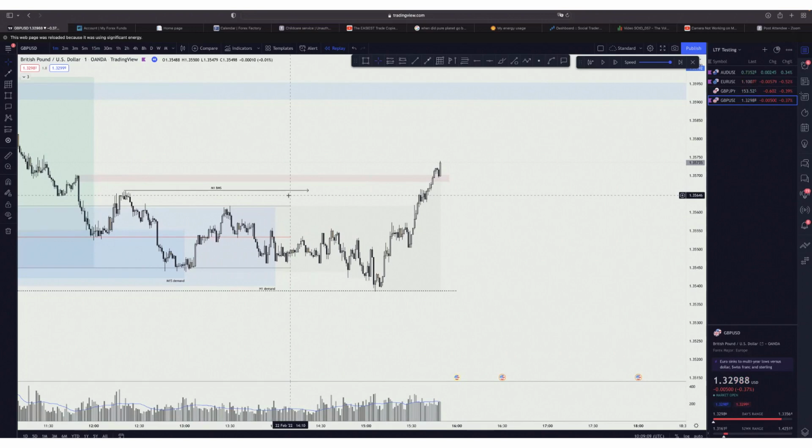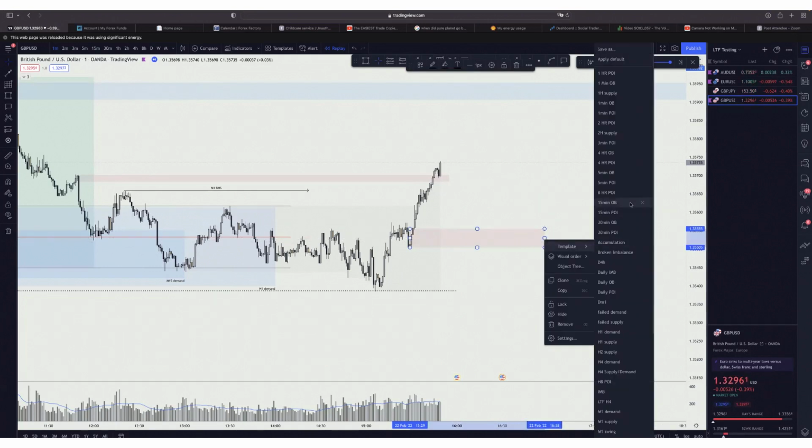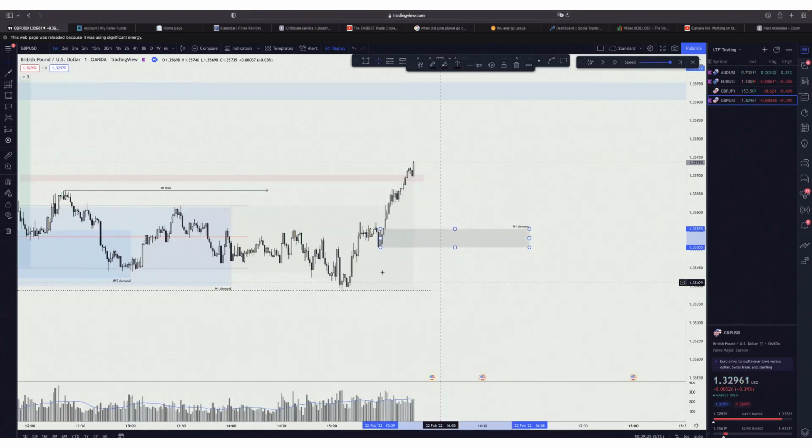So we've broken structure, we've broken M1 supply. So I'd mark sort of my demand areas, and I would look for an entry somewhere here. I do find that if it does come back, it does like to go to the extremes.